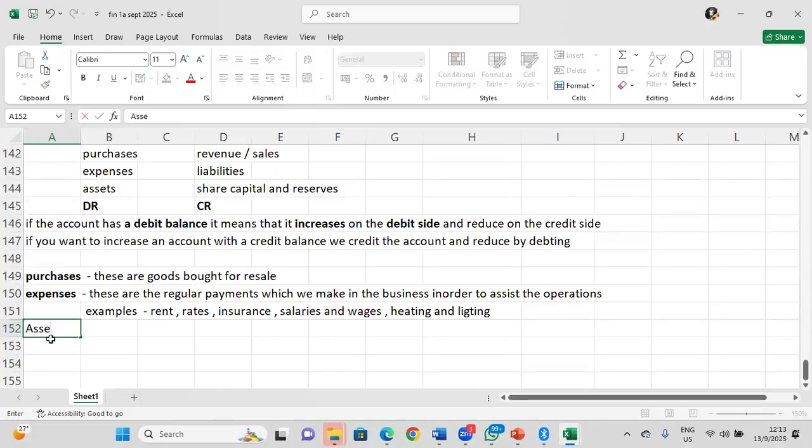Then we have the assets. The assets, these are the resources we have in the business that we are expecting to benefit from.